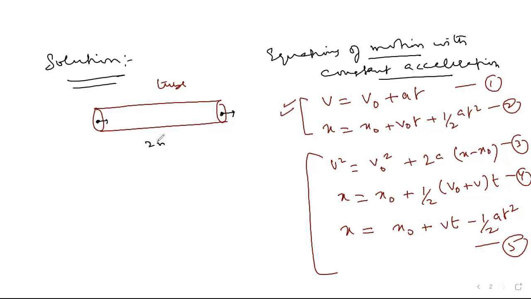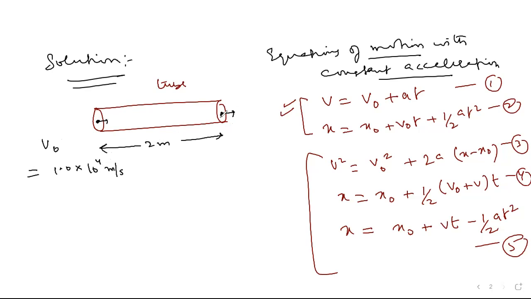Length of the tube is 2 meters, as is given. And the alpha particle enters with velocity, which will become our initial velocity. So its initial velocity V naught is 1.0 into 10 raised power 4 meter per second.